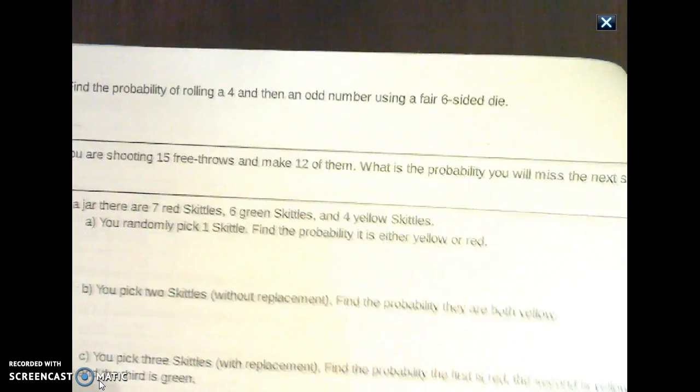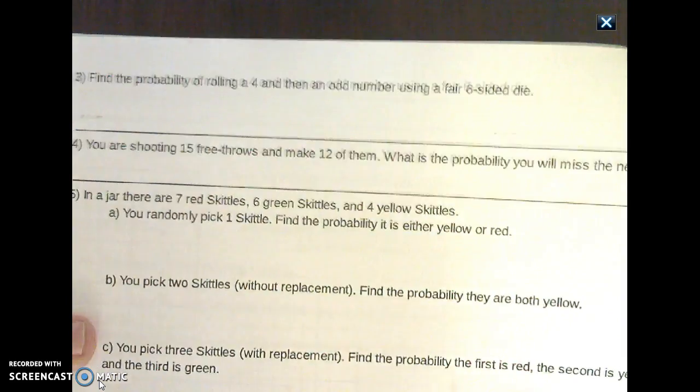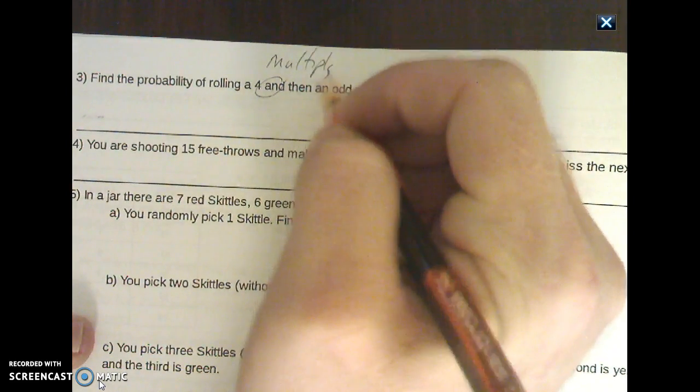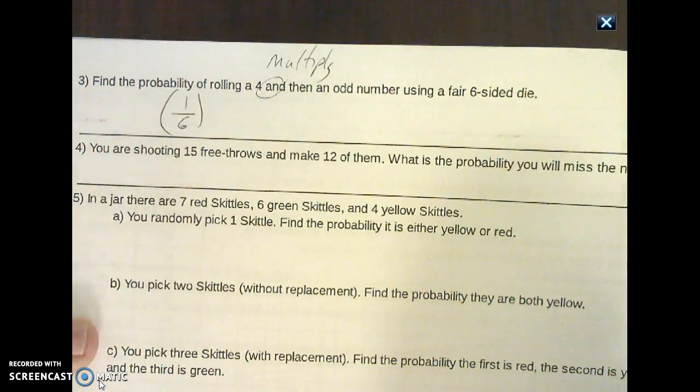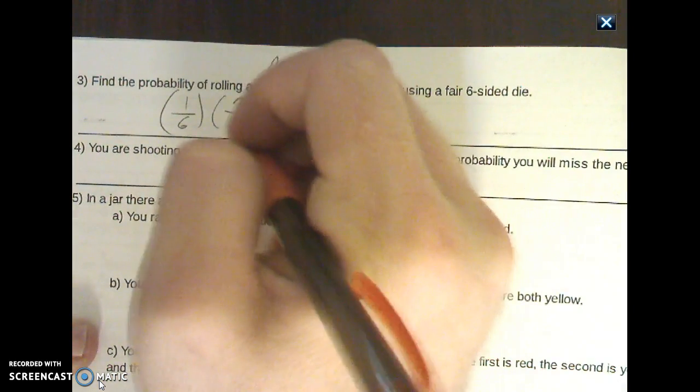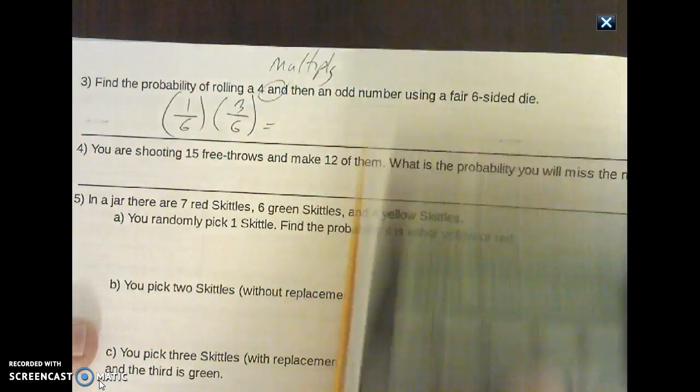Find the probability of rolling a 4 and then an odd number using a fair six-sided die. This word "and" means multiply. Okay, so rolling a 4 would be 1 out of 6. And then rolling an odd number would be 3 out of 6. Let the calculator do all the work for you.